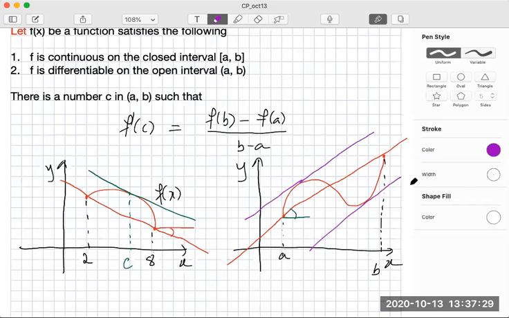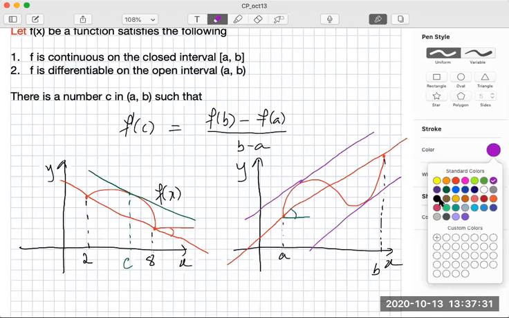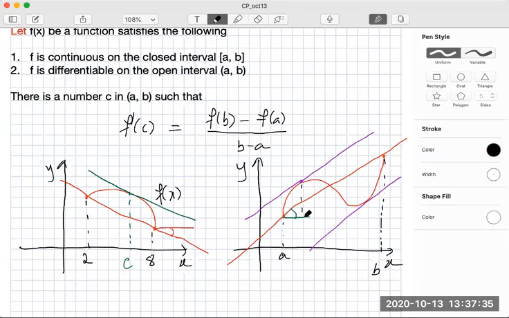So in this case, how many C's do we have? Yeah, 2. There are 2 points satisfying that. Let us call them C1 and C2. So this is what it says.